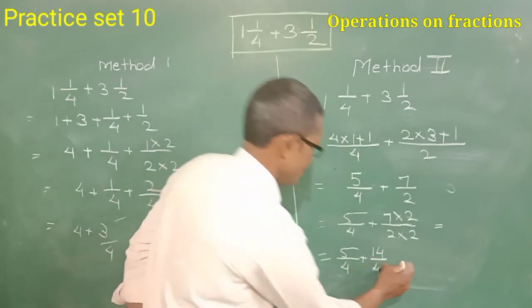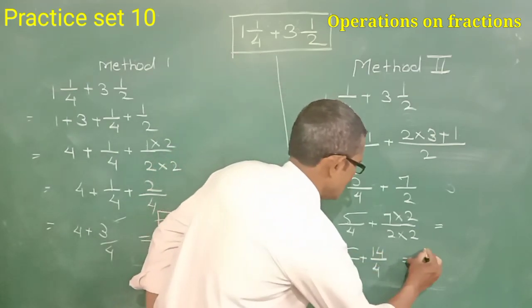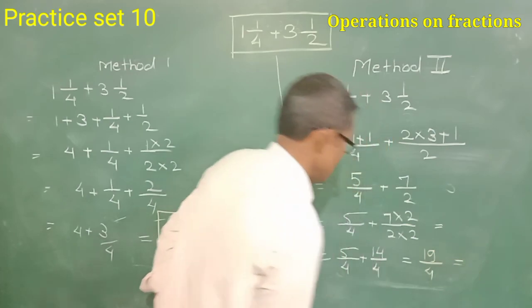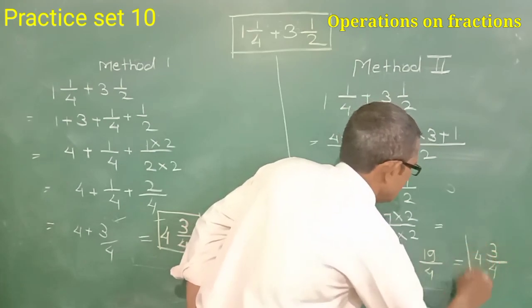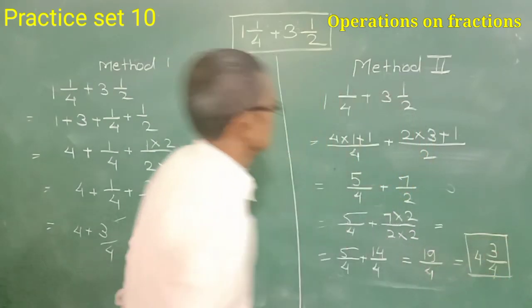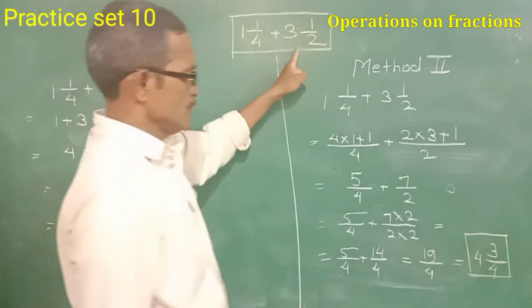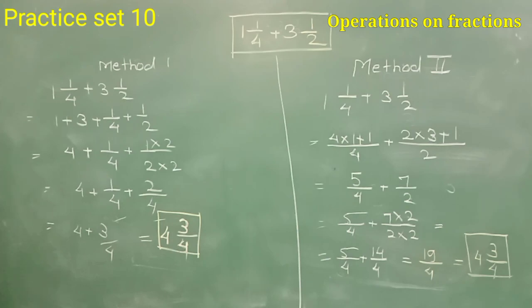Now they are like fractions, so we can add, which is equal to 14 plus 5 is 19, 19 upon 4, which is equal to, we get the answer, 4 4s are 16 and 3 is 19, so this is our final answer. So by adding 1 1 upon 4 plus 3 1 upon 2, we get 4 3 upon 4, and from the first method also we got the answer of 1 1 upon 4 plus 3 1 upon 2 as 4 3 upon 4.